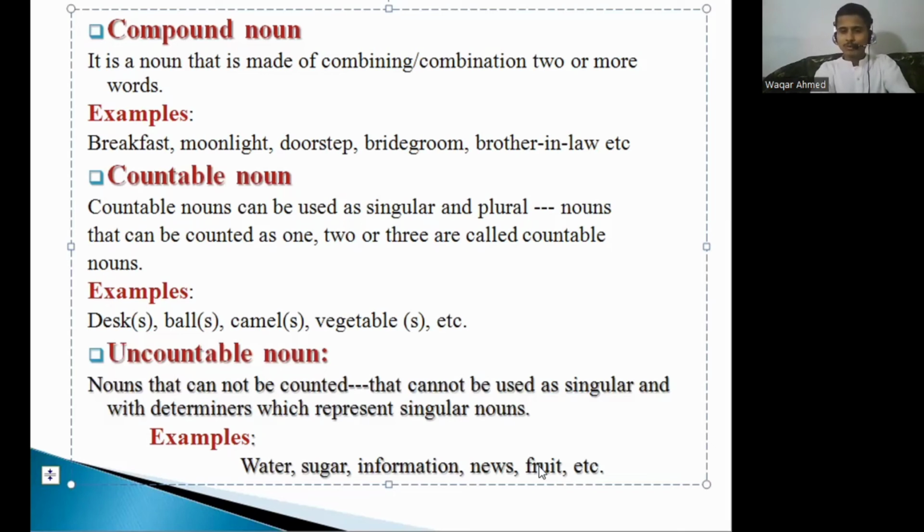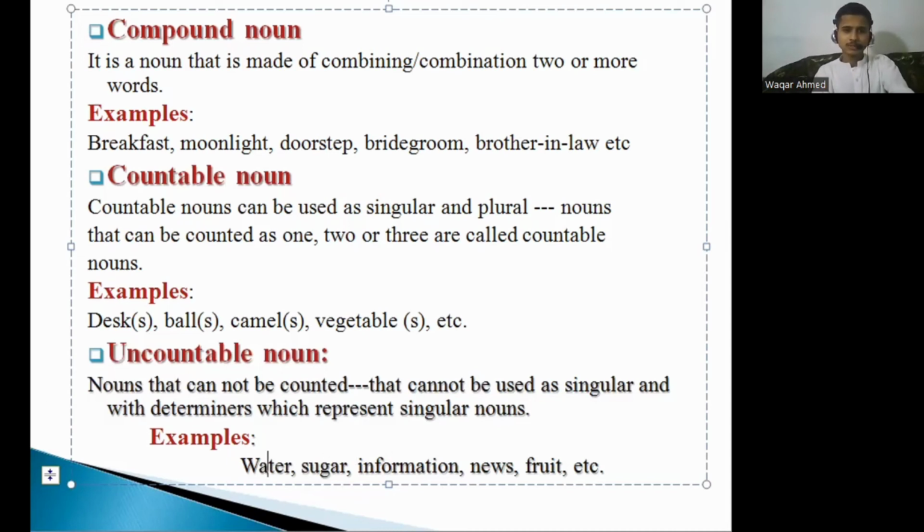This is the rule of grammar, that we can't really use fruits. And if we do so, it's wrong, right? We don't say waters, we say water. We don't say sugars, we say sugar. We don't say informations, we say pieces of information. We say liter of water, glasses of water, kilograms of sugar, etc.